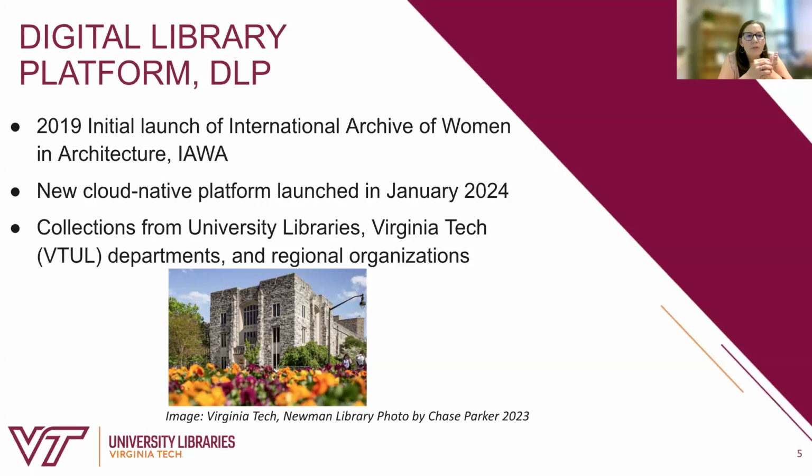And this platform is still going strong today. Since 2019, we have built a number of different platforms, but it still was missing something. So in 2024, we built a new platform and started migrating some of the sites onto that platform. And we worked with a number of different departments and regional and community organizations to get collections into that platform.